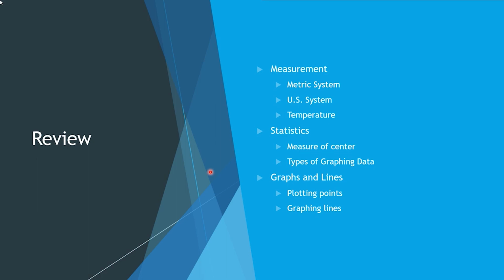X-coordinate always comes first, like x, y, z. And you can use that to see where things line up, and that's where you would plot your point. And then with graphing lines, you build a table, plug in any numbers you want for x, plug in numbers that are convenient, so like 0, 1, 2, or if you know that you're dividing by 2, you would use numbers that are divisible by 2. And then once you plot those points when you're graphing a line, you can then connect the dots.